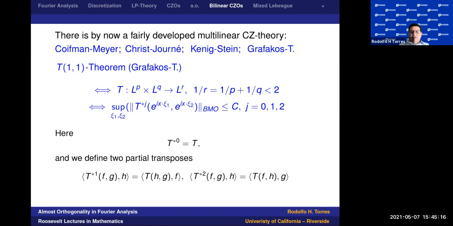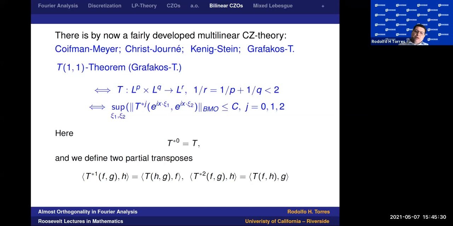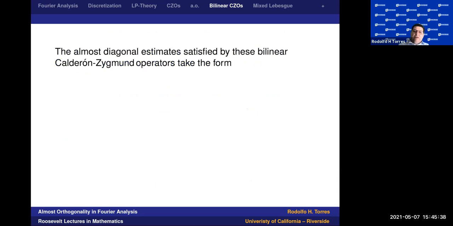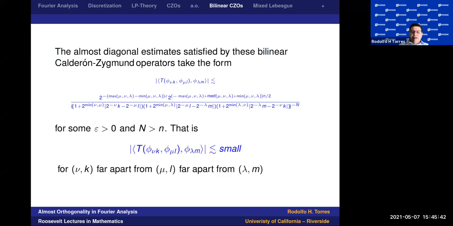And again, the condition is that when you compute on the complex exponential, they are uniformly bounded in BMO. So this is something that is easy to compute, at least in some examples, and it's a way to have a criterion for when an operator is going to be bounded on the product of all these L^p spaces. Now, let me just skip this because this is just a nightmare.